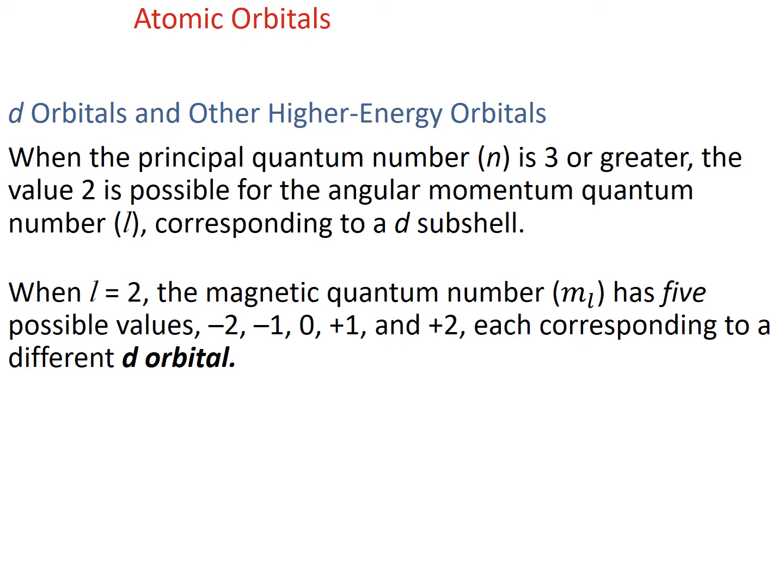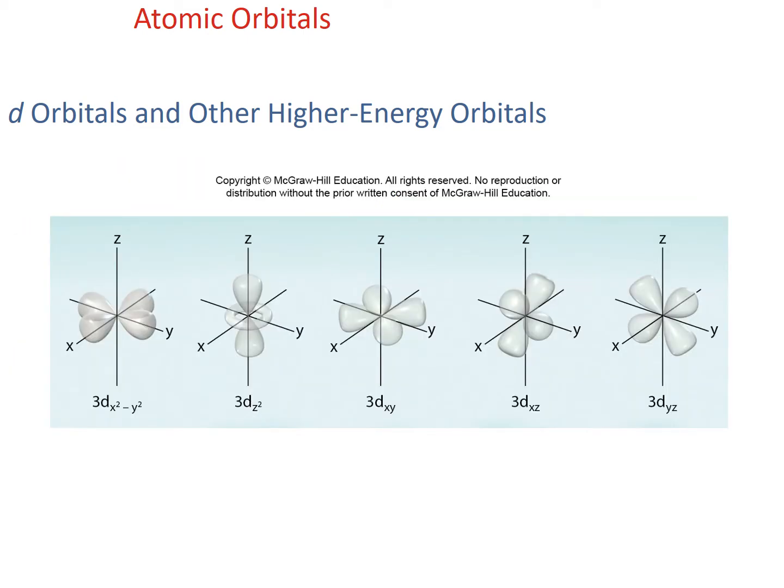And what we've been saying is d orbital orientations. It's not quite that simple. Here are the 5 d orbitals. And you can see most of them, I'd say 4 of those, are a clover shape, almost like 2 p orbitals adjacent to each other. And these just have different orientations.